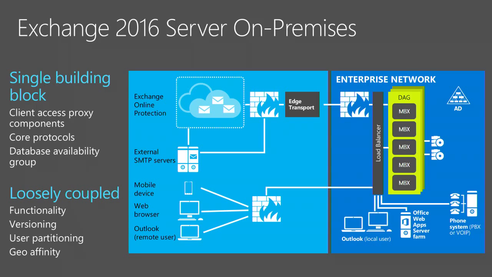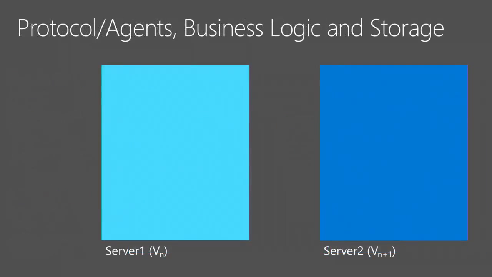We don't care where they are, and from the user aspect as well. And I'll talk a little bit about what I mean by that when we talk about this concept that we have called every server is an island. This is something that we introduced in Exchange 2013 specifically so that we could set the stage for going forward with something like Exchange 2016.